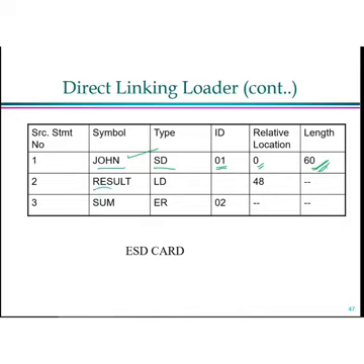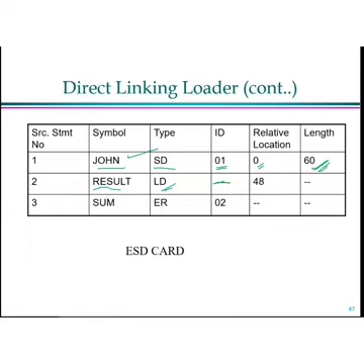Fine. Second is result. Result is declared in the current program, used somewhere else. So the current program has its declaration, right? So definitely its type is local definition. It is locally defined in your current segment. So its definition is local definition. Type is LD. So for a local definition or variable, if you are not allocating an ID, that's fine. If you allocate it, okay; if you don't, also okay. So you can keep it blank or you may assign some number to it.